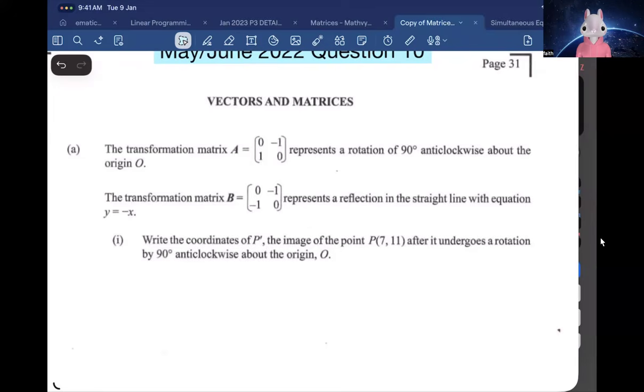Write the coordinates of P1, the image of the point P after it undergoes rotation by 90 degrees anticlockwise about the origin O.